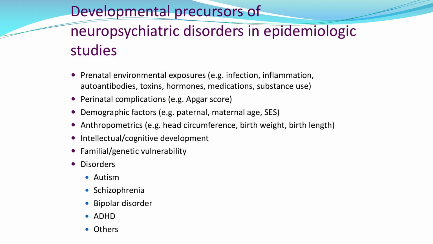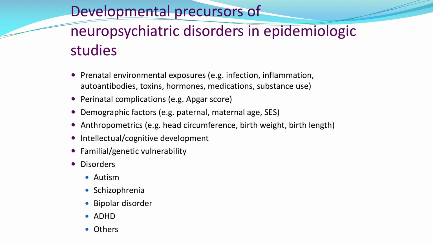There have been a variety of developmental precursors of neuropsychiatric disorders that have been discovered in epidemiologic studies, and they include prenatal environmental exposures such as infection, inflammation, autoantibodies, toxins, hormones, and a variety of others.